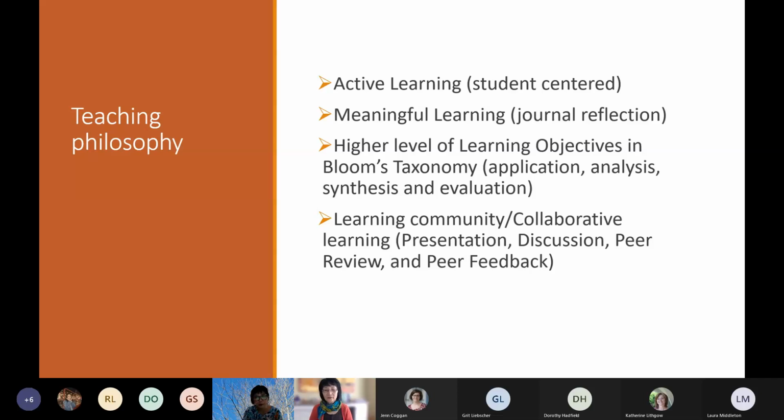We also like to use the platform to encourage peer review and create a learning community. So we thought PebblePad could be very useful for this model of collaborative learning for students.